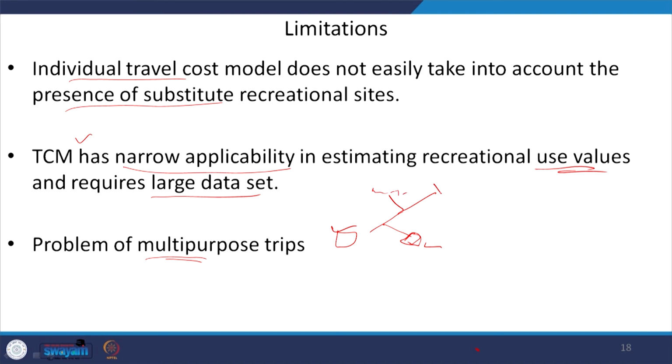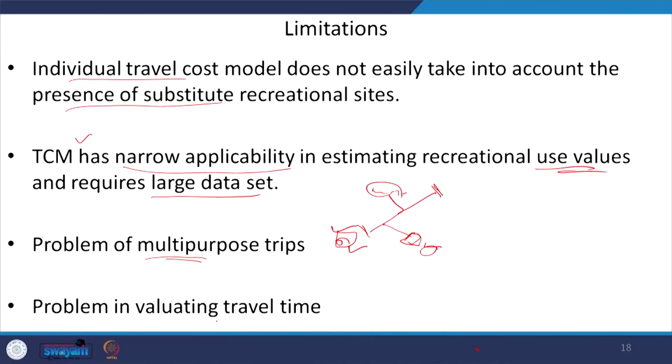So, the trip is the same trip, and there you are attending a function, meeting a friend, and also recreating in a national park. So, it is very difficult to find out the true value of the travel cost that we are attributing only to this recreational visit.